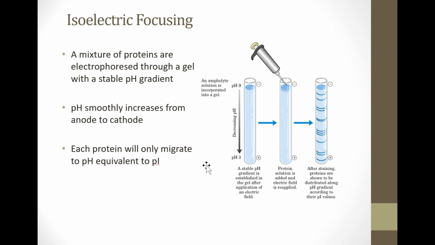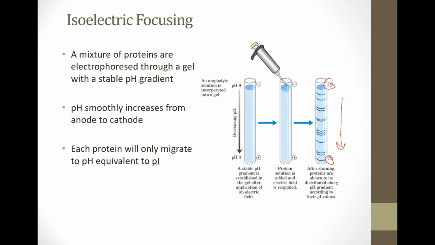So isoelectric focusing is a really slick technique because if you're going to be using electrophoresis, your solute has to have a charge to migrate in the electric field. If you have a negative charge on a solute, it's going to run from the negative side towards the positive side, right?